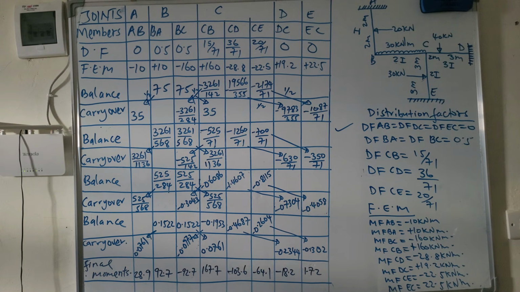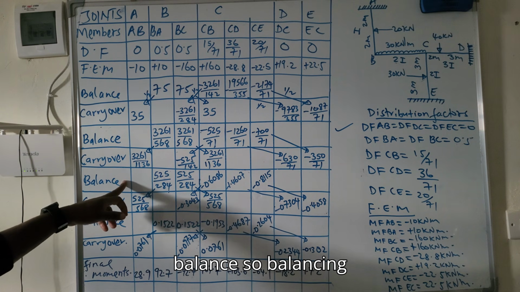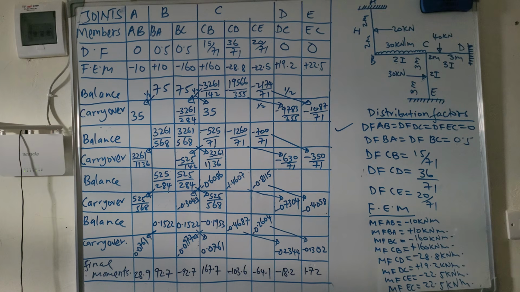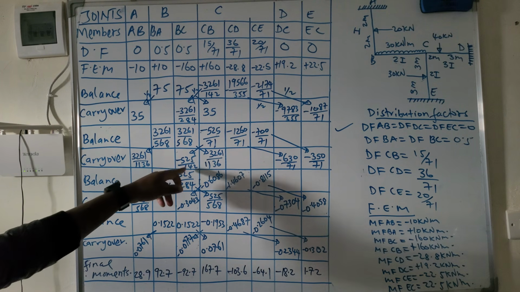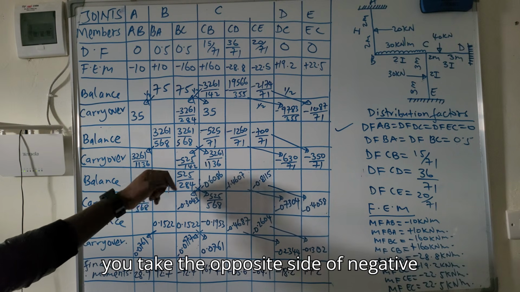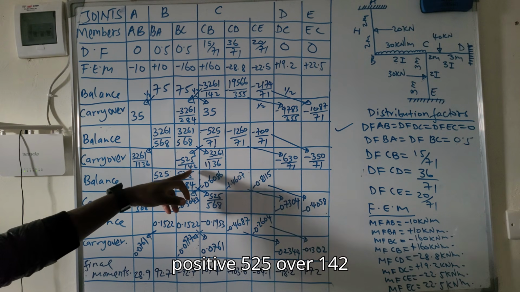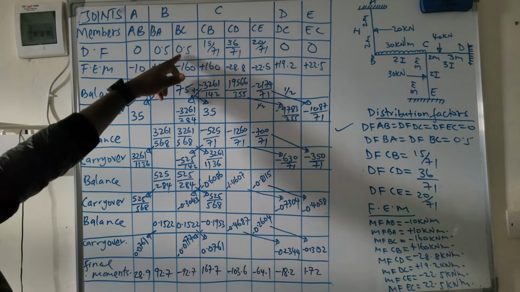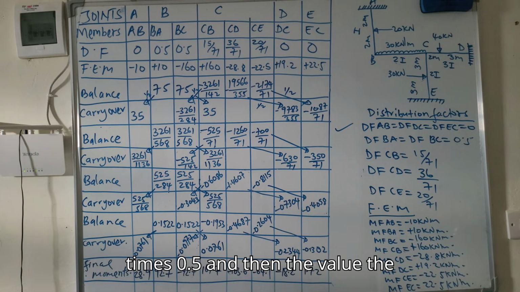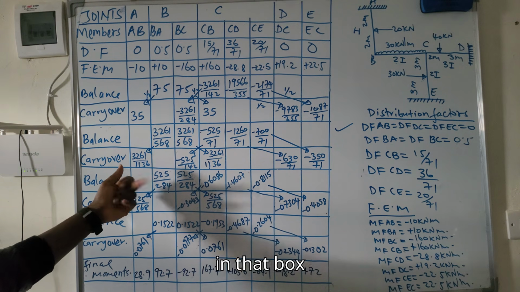So we proceed. After carrying over, we balance. So balancing, we come to this value. You take the opposite side of negative, which is positive, and then the value remains the same. So it will be positive 525 over 142 times 0.5. Again, you repeat the same times 0.5. And then the answer you insert in that box.